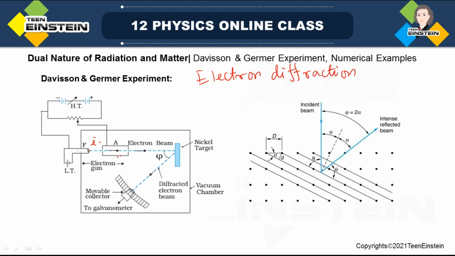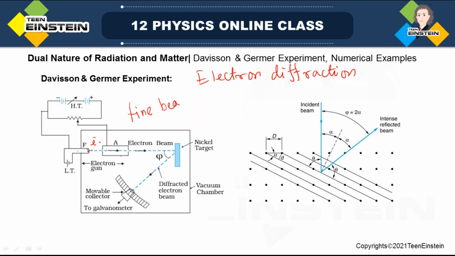Now what you can do is take these accelerated electrons and make a nice collimated beam out of them, like a fine light beam, you can understand, right?